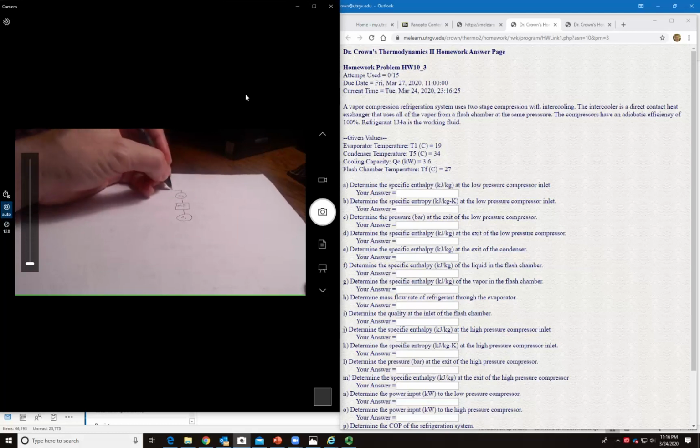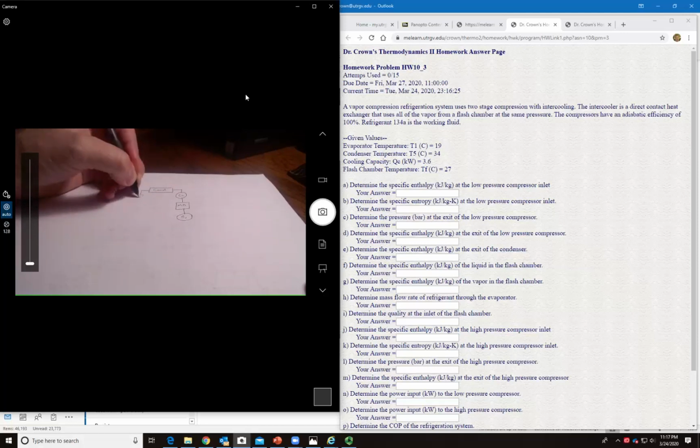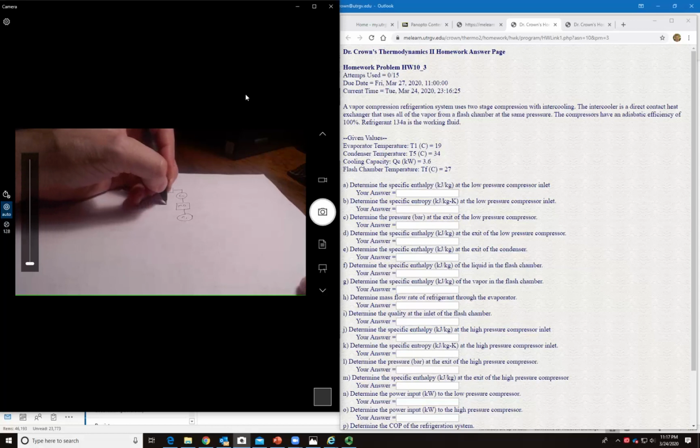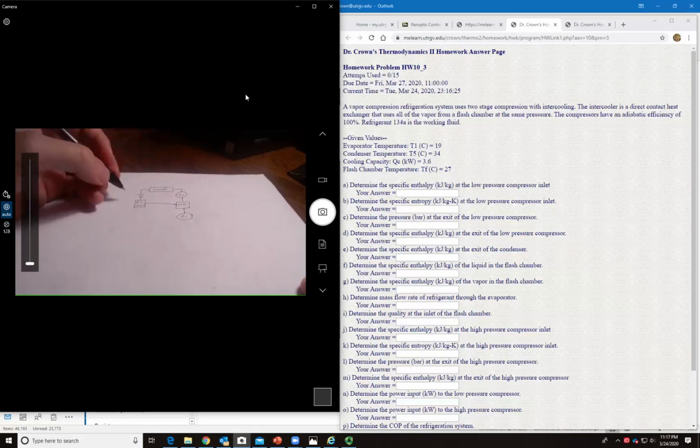Goes into the condenser and then into an expansion valve just like before. But then another new component called a flash chamber, and the liquid will accumulate at the bottom because of gravity and the vapor on top. We're going to run the vapor over to this mixing box.